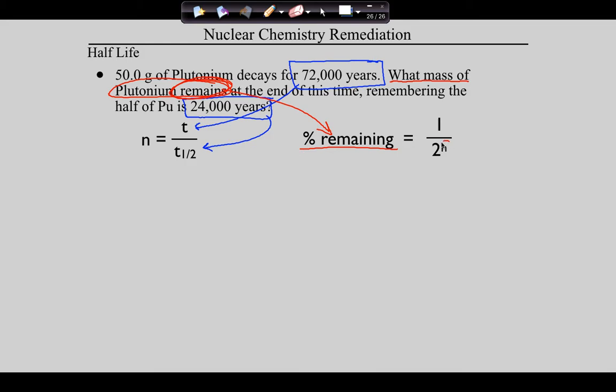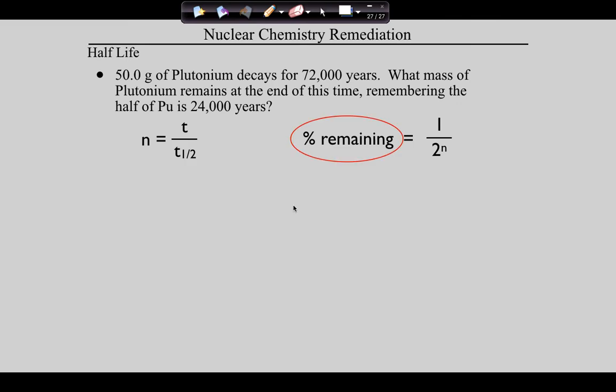Now to do that, we need to know n. The problem is it doesn't tell us the number of half-lives. So we're going to come over here and we're going to solve for that here and then plug it back in. So pulling this all together, we are first of all going to realize that we're solving for percent remaining. So to do that, we need to know n.